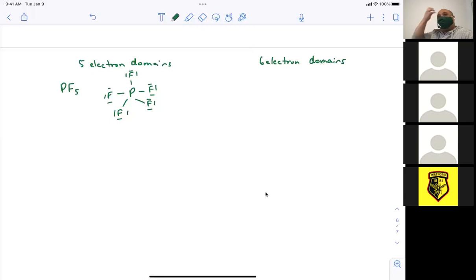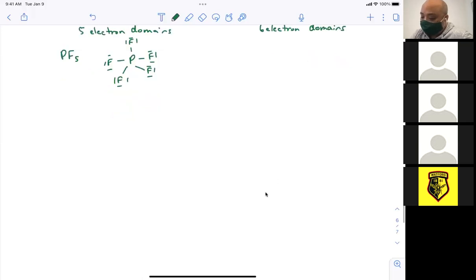Now, coming up with the shape for 5 is kind of tricky because you have to be a little bit creative here, and not everything's the same angle. The way I want you to picture it is a line with a Y being dissected through it. So these bottom ones aren't in the paper. You know what?